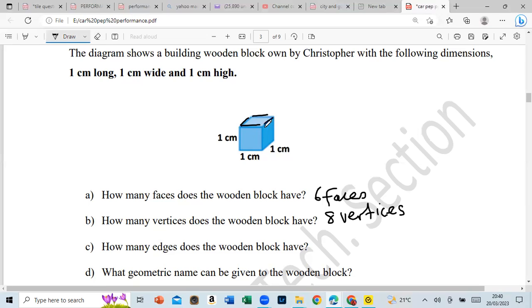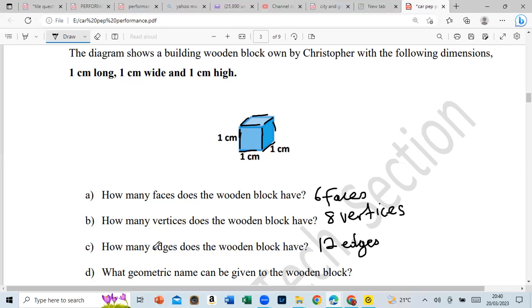All of these are edges. 4, and then you have 5, 6, 7, 8, 9, 10, 11, 12. So it has 12 edges. So a cube has 12 edges.